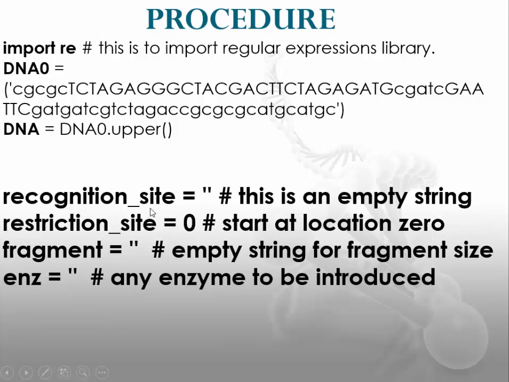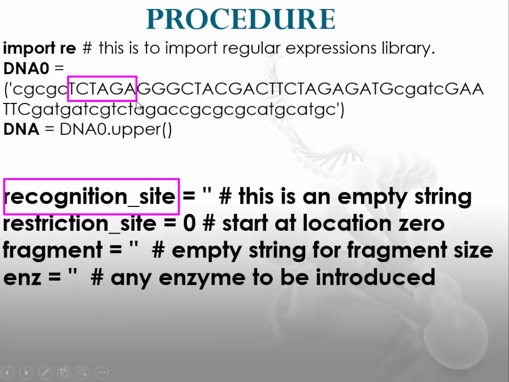So I have to have certain variables being defined, like this one as a recognition site. As I discussed earlier, a recognition site is a place where the enzyme finds it on the DNA. So this one is here.